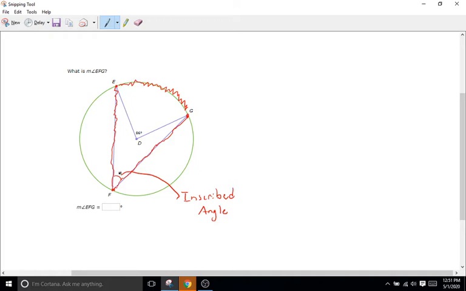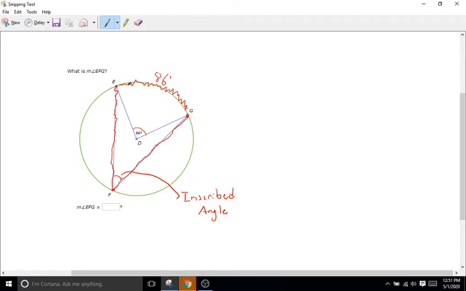Whatever degree value you have for your inscribed angle is going to be exactly half of whatever your arc angle is. Now you might be thinking, there's no angle here or here, what am I doing? But remember all the way back to IXL U2. The central angle right here, 86, is going to be the exact same as the arc up here. So if this is an 86 degree angle, this arc is also 86 degrees.